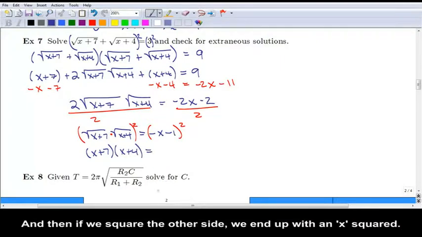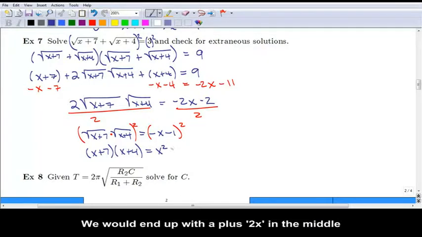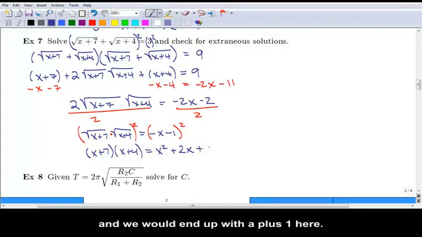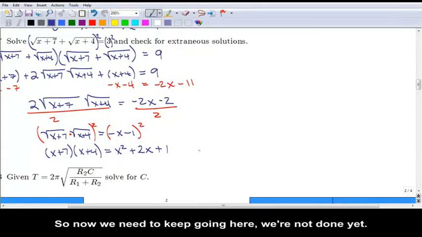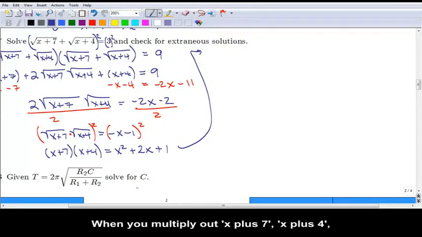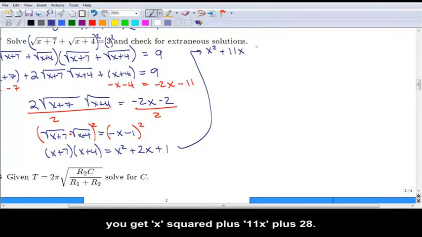And then if we square the other side, we end up with an x squared. We would end up with a plus 2x in the middle, and we would end up with a plus 1 here. So now we need to keep going here. We're not done yet. When you multiply out x plus 7, x plus 4, you get x squared plus 11x plus 28.